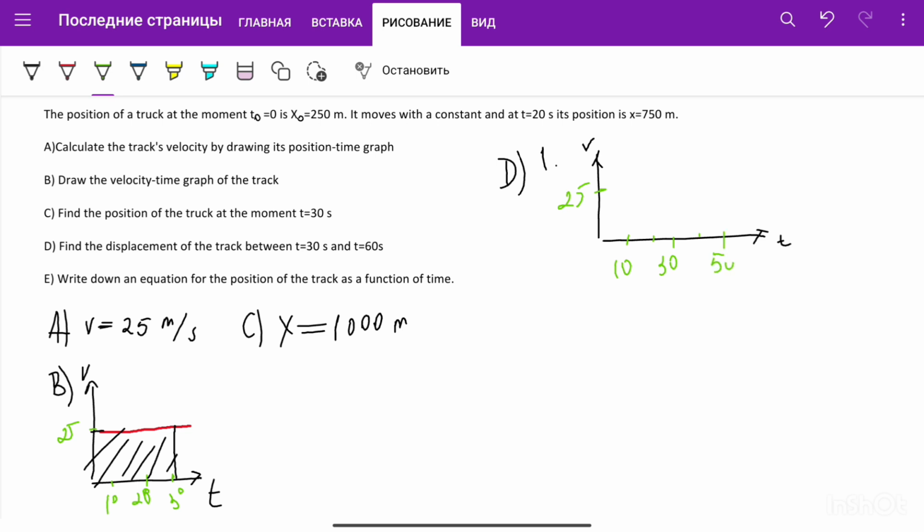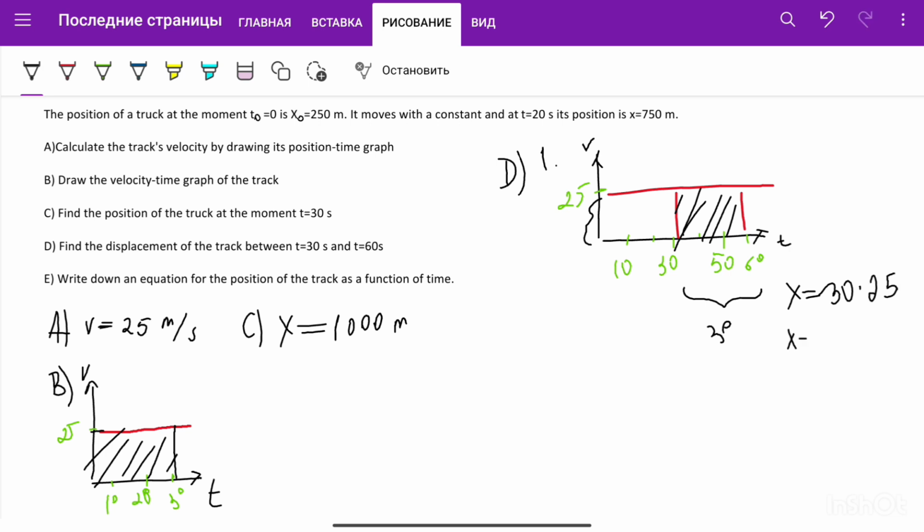Velocity is constant, so there is a straight line, at 30 and 60 seconds. Now we need to find the area of that square. The width is 30 and the height or length is 25. 30 multiplied by 25 is 750. This is the value of displacement.